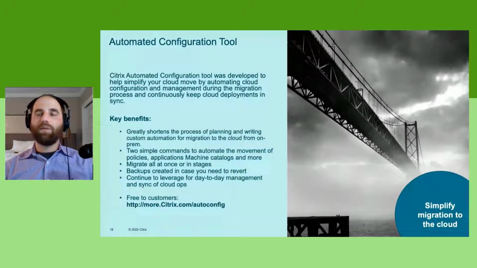This is a cloud migration tool, but more so a desired state tool, where you can aggregate and bring in data from one or more on-premises environments to a cloud site, or bring in data from one cloud site to another cloud site, and then continue to run this tool to ensure that the sites stay in sync, which is fantastic for workflows around environments like your dev, your test, your QA, and making sure that all the configuration is in sync. So a lot of great benefits.